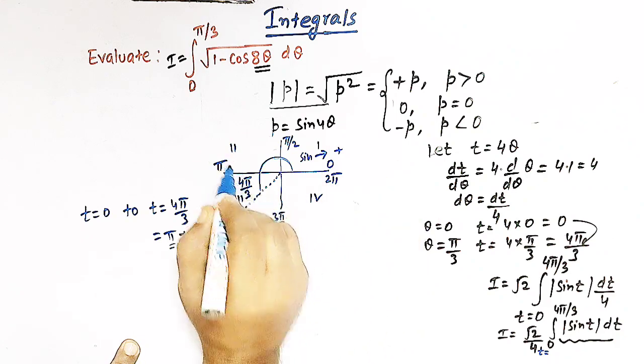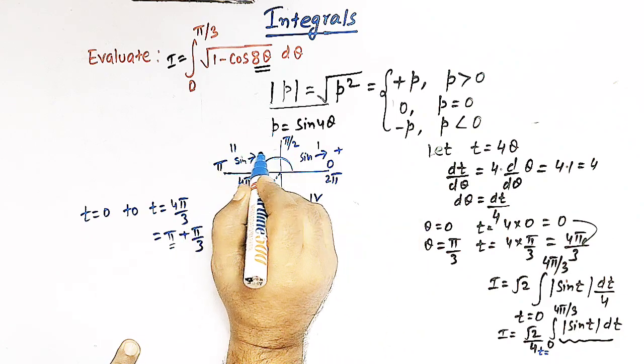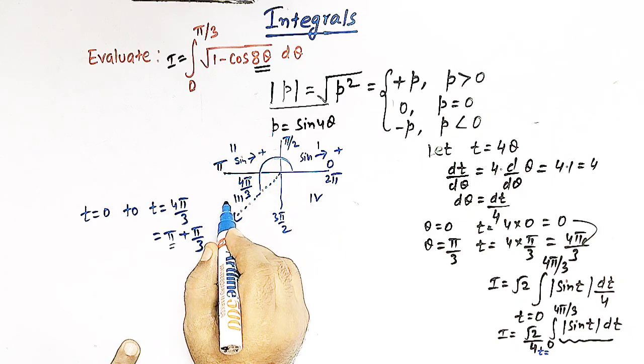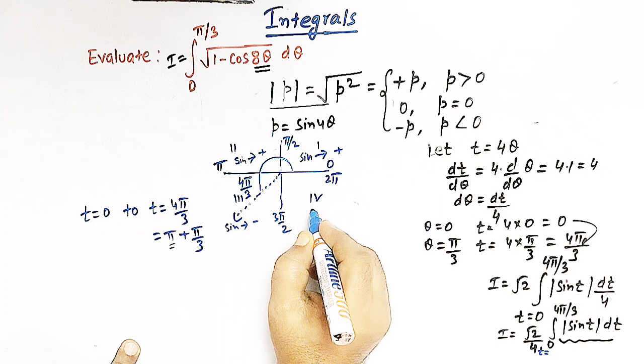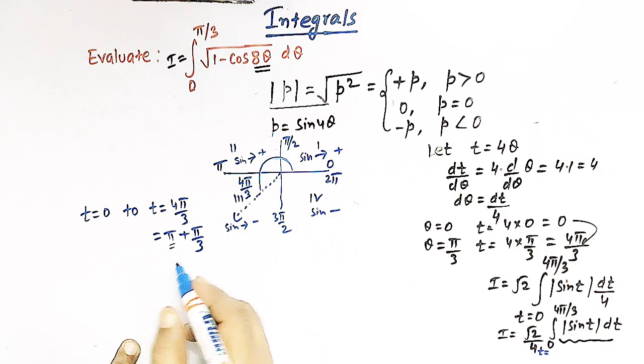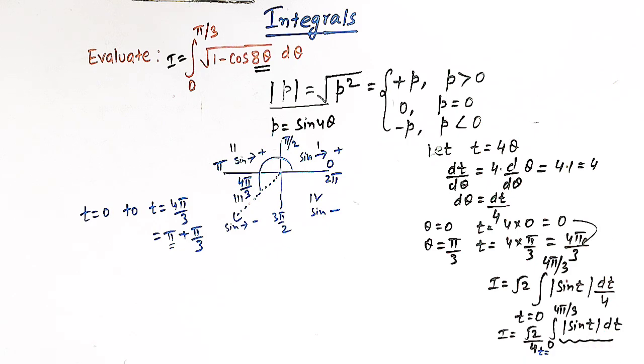In the second quadrant the sine function is also positive, and in the third and fourth quadrants the sine function is negative, right? So this concept of the sign convention in 4 quadrants is of prime importance while solving this integral.